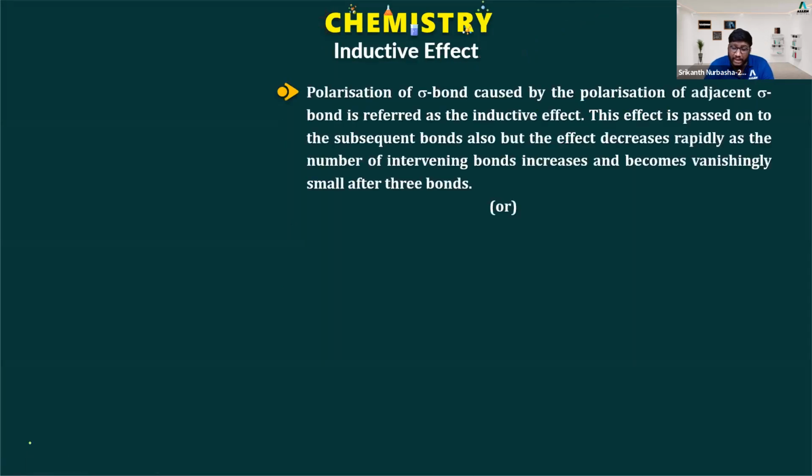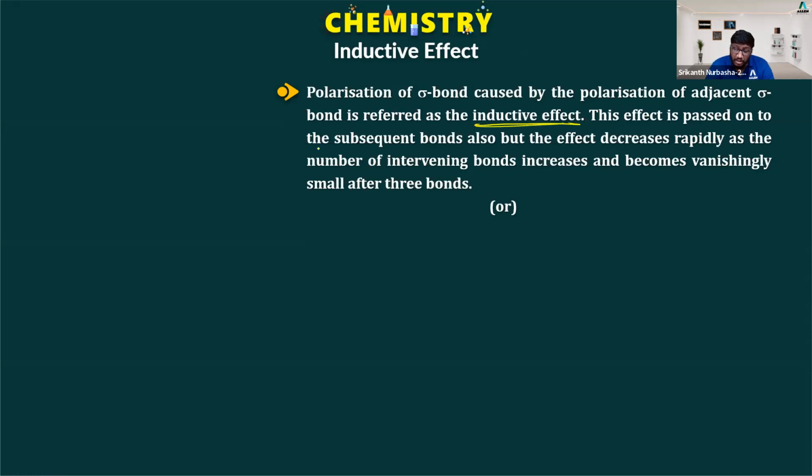So inductive effect, can anyone say what is inductive effect? Donation of electron density up to 3 carbons. Why is the donation happening? Because of electronegativity difference. Polarization of a sigma bond caused by the polarization of an adjacent sigma bond is referred to as inductive effect.